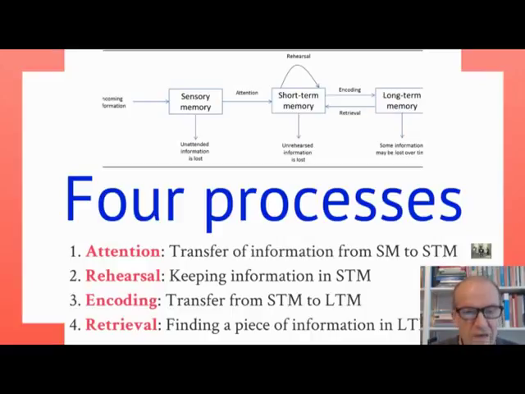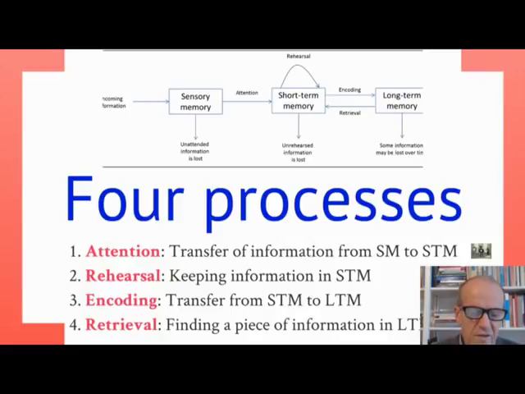Okay, the second process is rehearsal, keeping information in short-term memory. I already gave you an example of maintenance rehearsal in which you try to keep some information, let's say a telephone number, in your short-term memory.